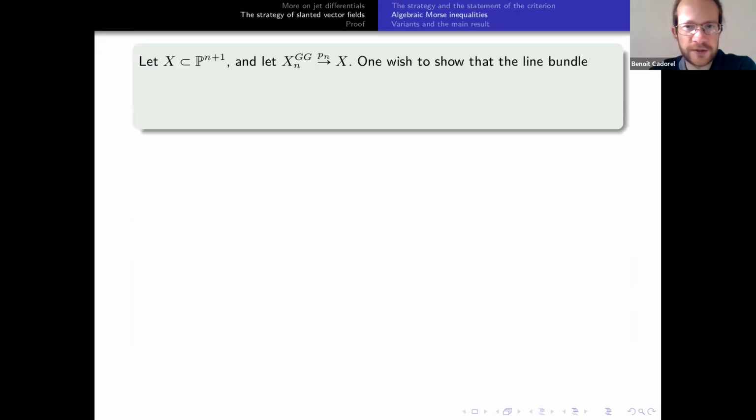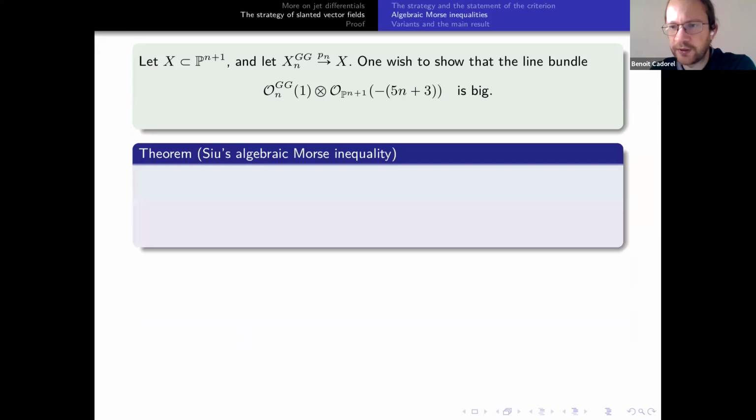But before that, just let me, okay, so this is what I said. We want to prove that this is big. And a strategy to prove the bigness of a line bundle is well known, actually. So you can use Siu's algebraic Morse inequalities.